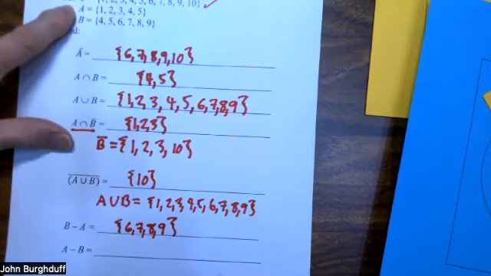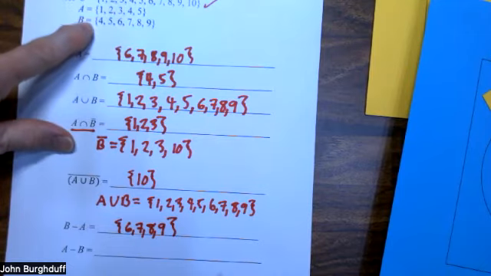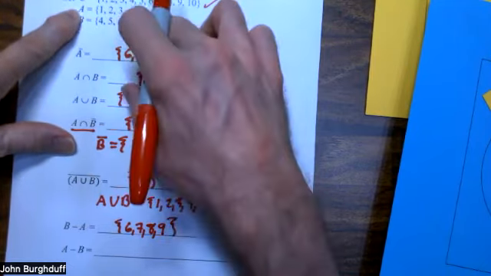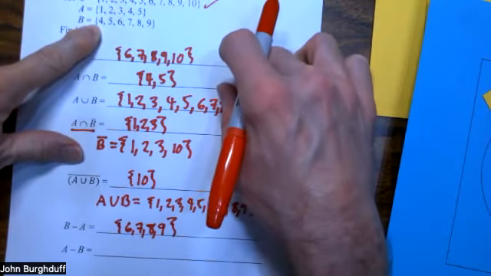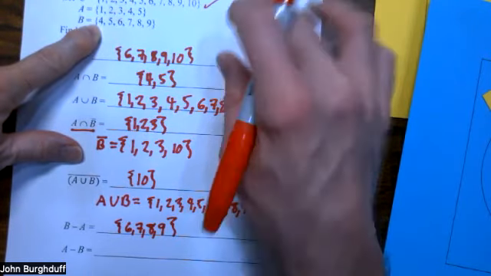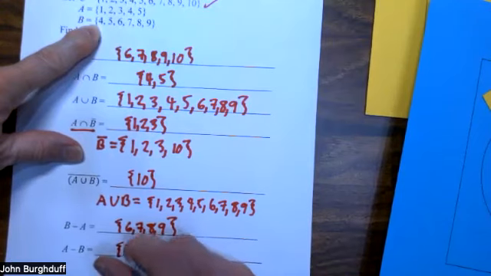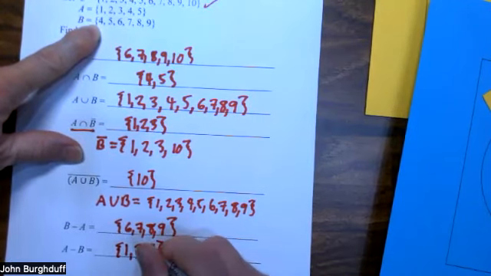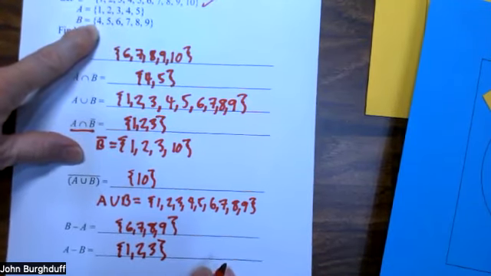And finally, A minus B, I'd start with A, but take away anything that belongs to B. So looking at A, it includes a couple numbers that are in B, namely the 4 and 5. I'd have to throw them out, and I would just have the set containing 1, 2, and 3.